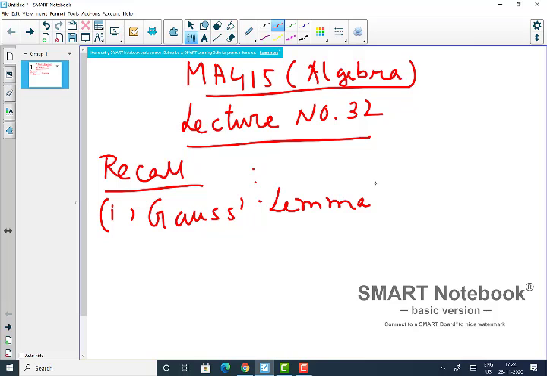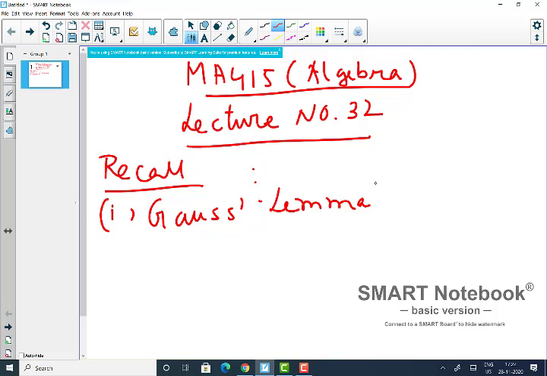Then we proved the corollary that if you start with a polynomial which is primitive, then it's irreducible if and only if it is irreducible inside that field of fractions, right?